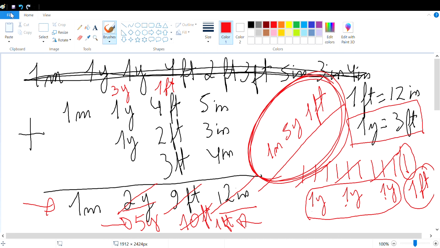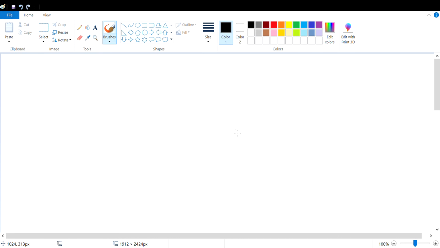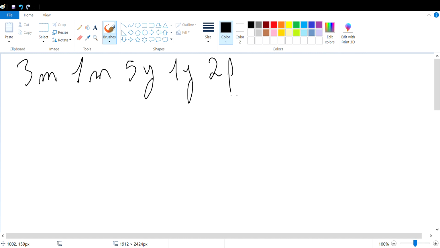Now let's go with the last exercise, which is the subtraction, which is super easy, and the majority did it correctly, but anyway, I'm going to give it to you. We have 3 miles, 1 mile; 5 yards, 1 yard; 2 feet, 1 foot; 9 inches, 6 inches.